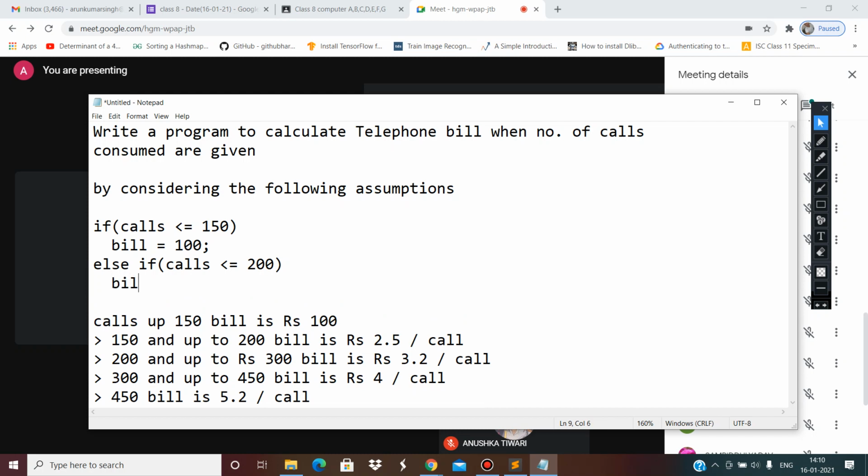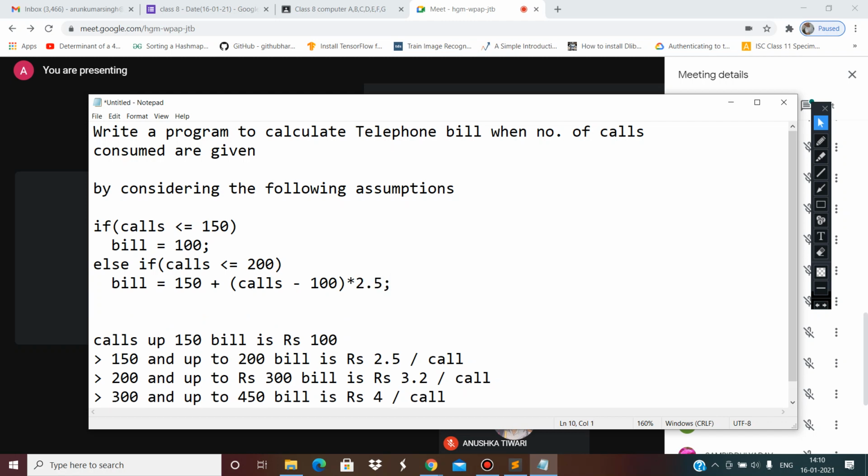So bill is 150 plus (calls minus 100) into 2.5. This is the second condition.